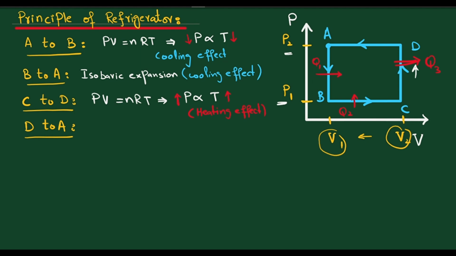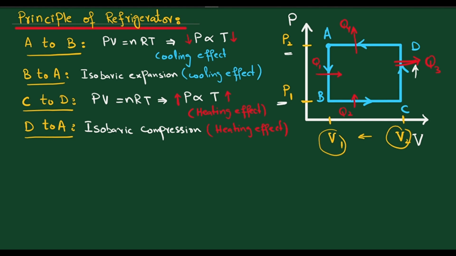It causes a heating effect. Some heat can leave the system. The Q4 heat is leaving the system, and that completes our cyclic process.